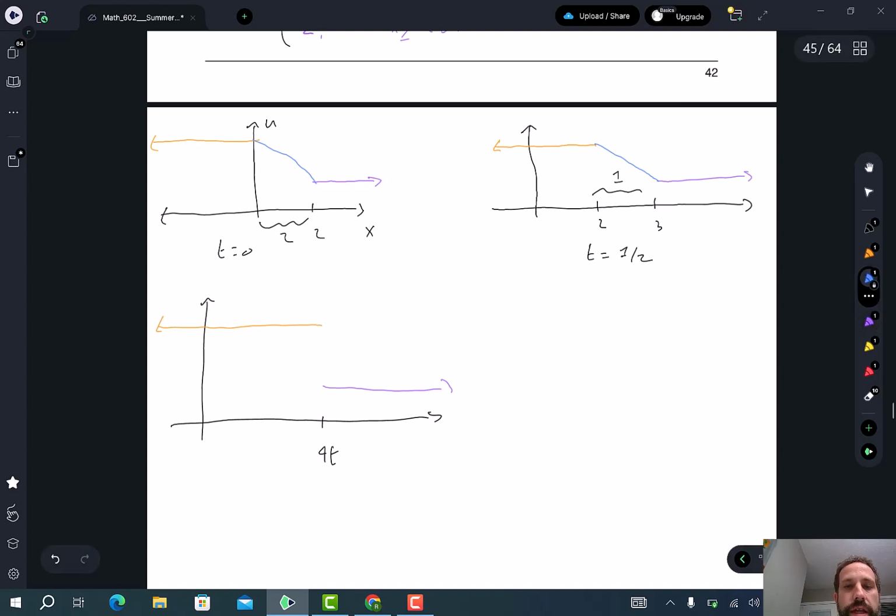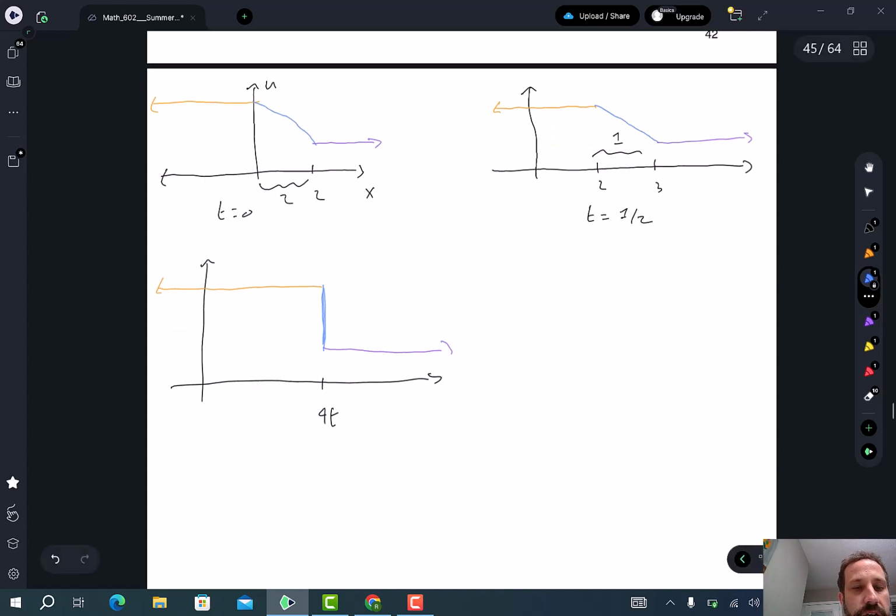And then the linear interpolation part is just going to be a vertical line like this. So when x is equal to 4t, at t equal to 1, we have a sort of triple valued infinite value thing here. And it's going to be all of the values between 2 and 4.